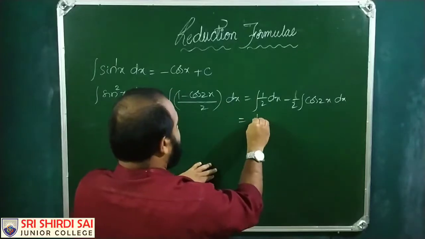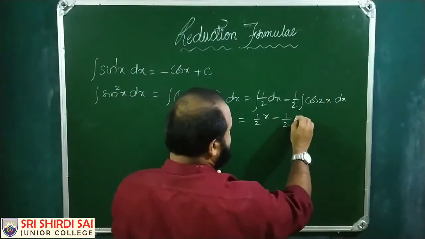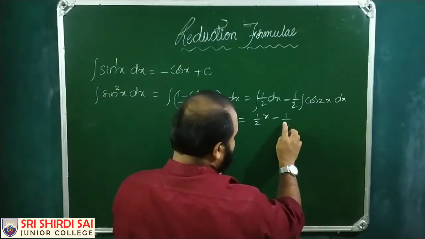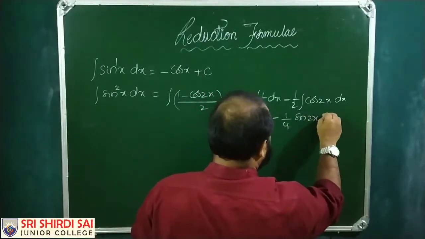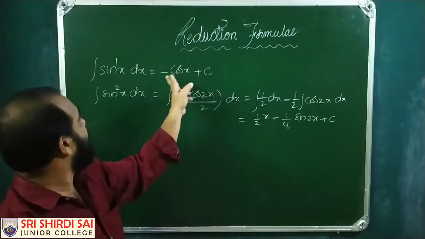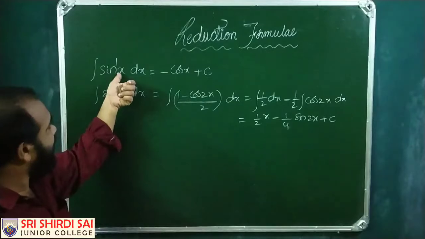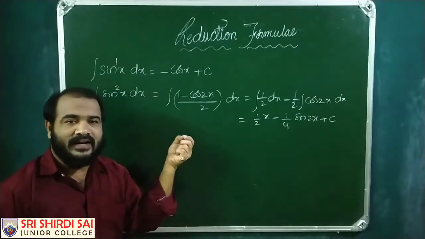So 1 by 2 integral 1 dx is x by 2, minus 1 by 2 integral cos 2x is sin 2x by d by dx of 2x, which is 2. So totally x by 2 minus 1 by 4 sin 2x plus c. Not as easy as integral sin x dx. So compared to sin x, sin square x dx is a little more complicated.